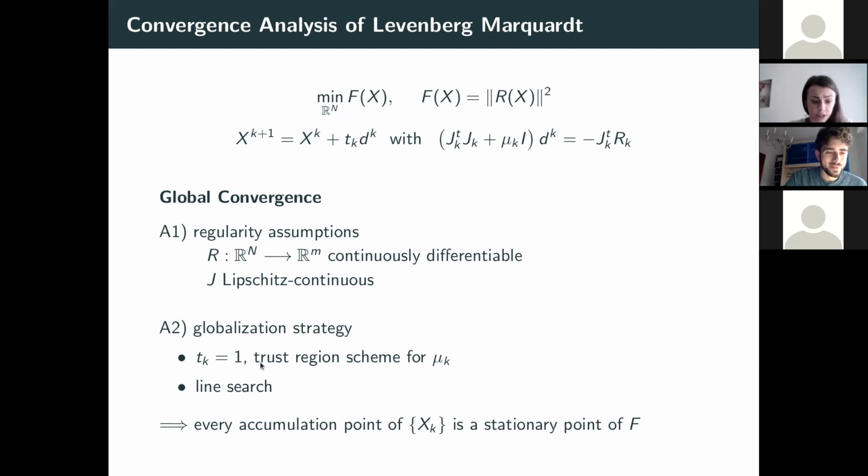I will just mention that, as I said, this trust region scheme is the standard choice for Levenberg-Marquardt. The reason why this line search was introduced at some point is that we can see both in practice and in theory that different choices of this mu k can help to make the method faster when we are already close to a solution.